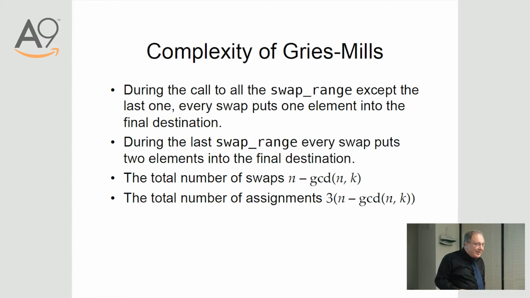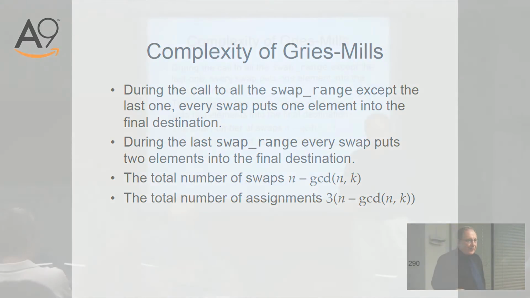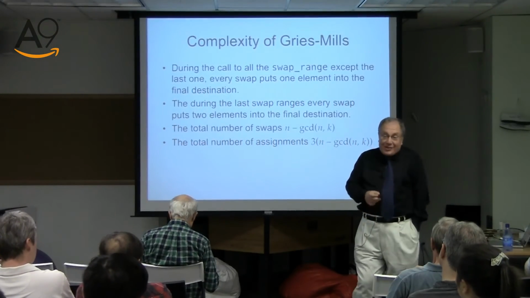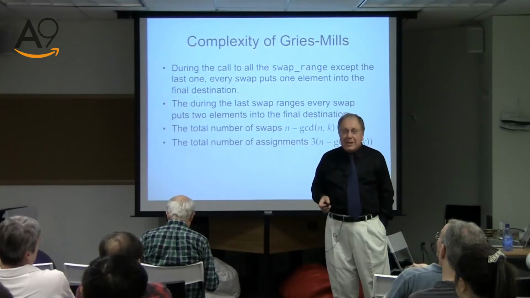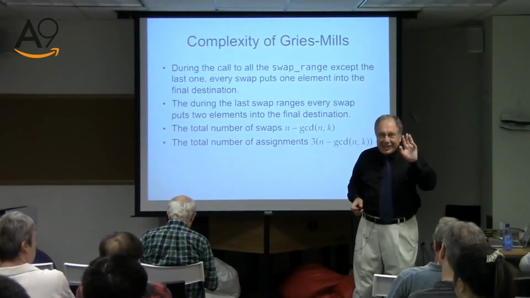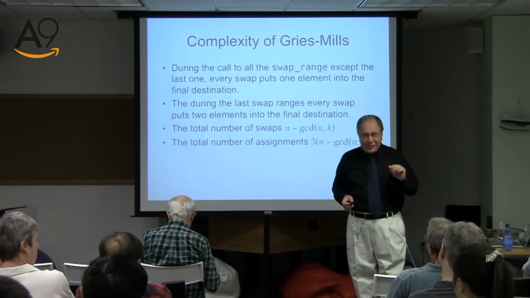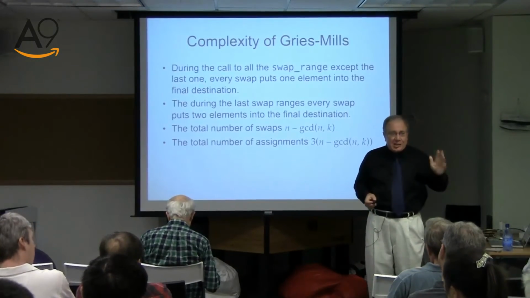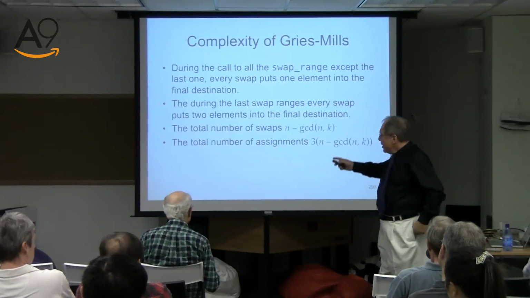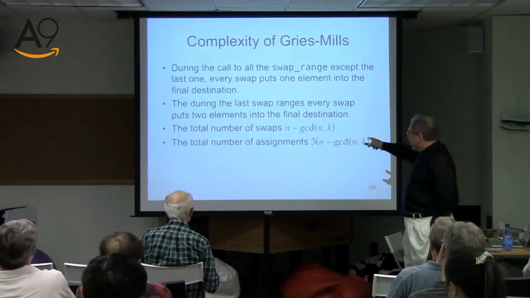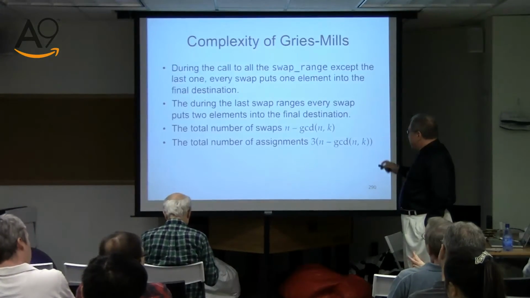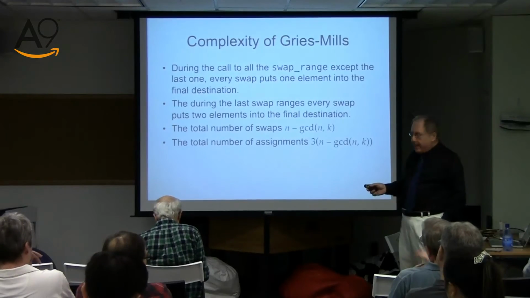And in terms of the assignments, every swap is 3 assignments. And of course, my friend Tom will say, but you could do it with XOR. Doesn't help. It's still 3 assignments. Whether you need a temporary variable or not, you need 3 assignments. So the total number of assignments is 3 times (n minus GCD(n, k)). Right?